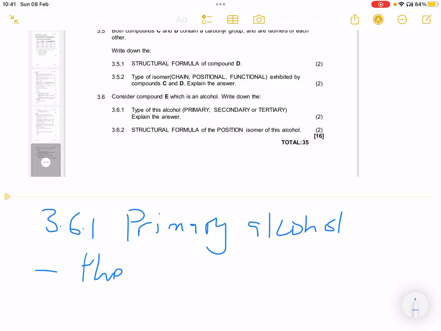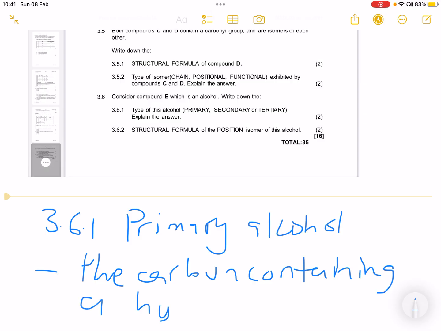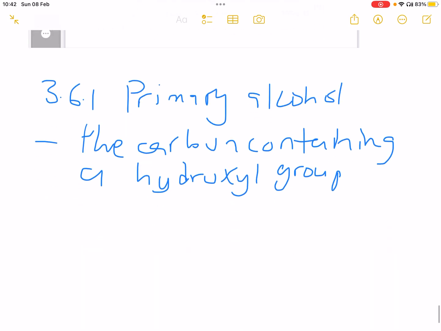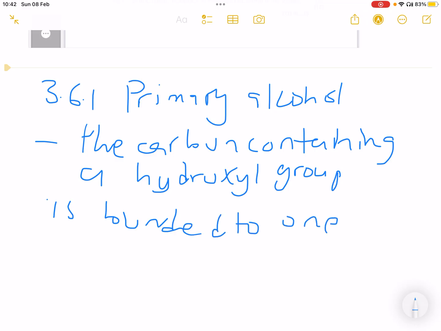So the carbon containing a hydroxyl group is bonded to one other carbon in the carbon chain.